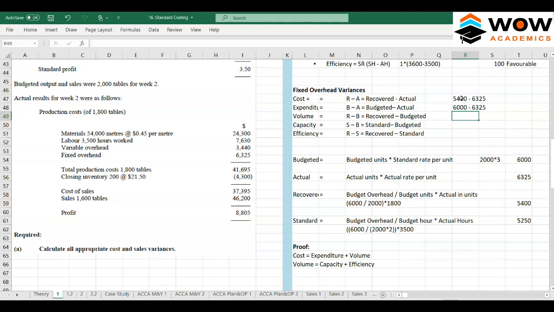Volume is R minus B. R is again 5400 minus B. B is 6000. Next one is S. S is 5250 minus B, which is 6000. So again, efficiency is R, 5400, minus S, standard, which is 5250.